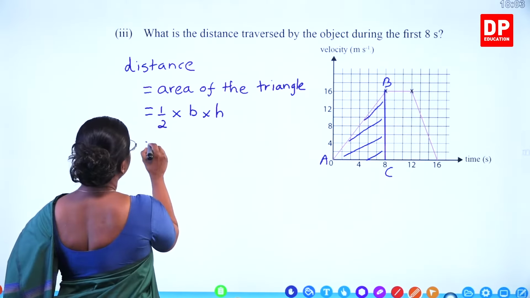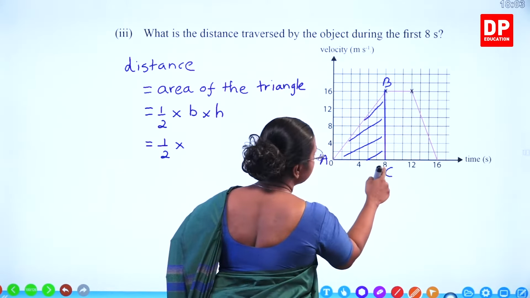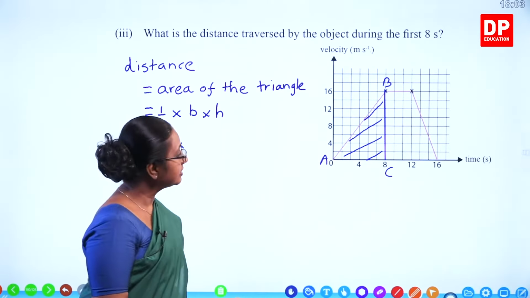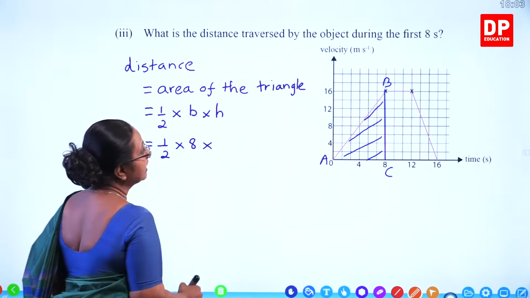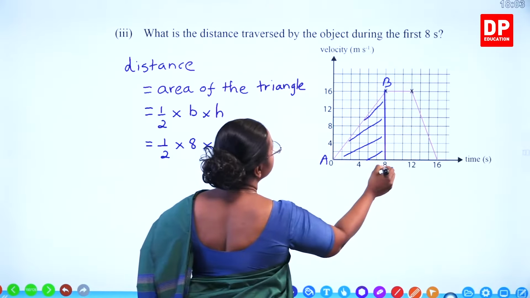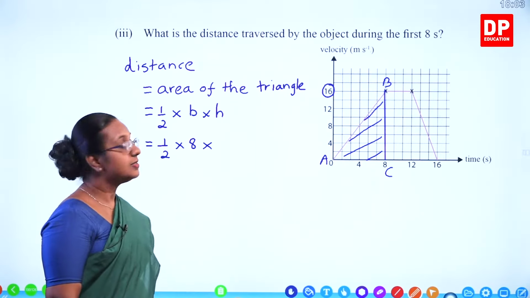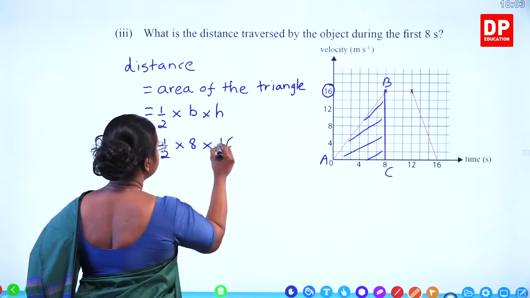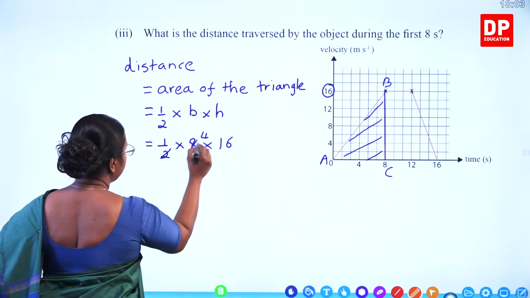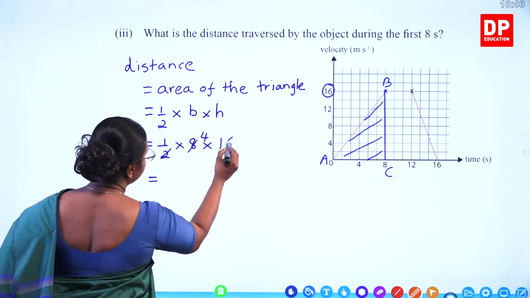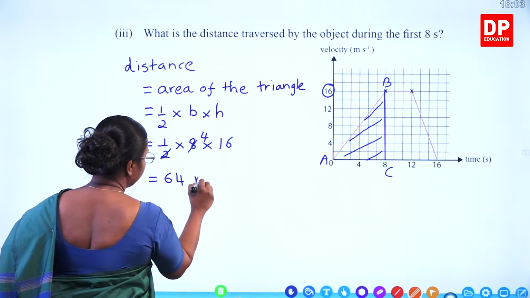So here we write the half. Then for base it will be from 0 to 8. That is AC, 8. And the height is going to be from C to B, that is 16, value 16. So if I write 16 here, then we can simplify 2 and 8 becomes 4, and when you multiply 4 into 16, it becomes 64 meters.